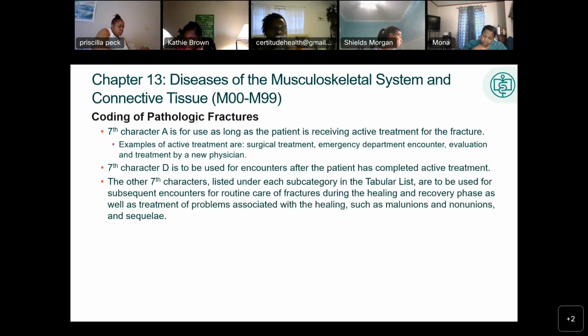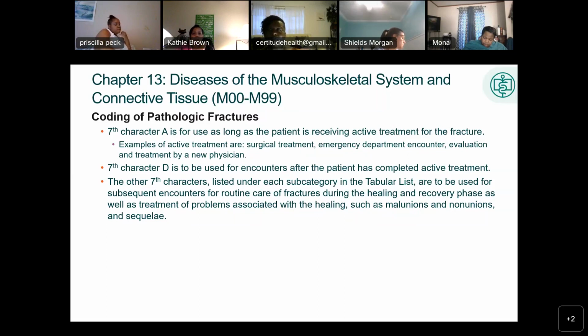Coding of pathologic fractures. You have your traumatic fractures, which is the breaking of a bone that may happen in a traumatic way, like getting hit by a car, fell off the house, something random like that, some type of accident. But a pathologic fracture is a fracture that is caused due to another underlying condition.